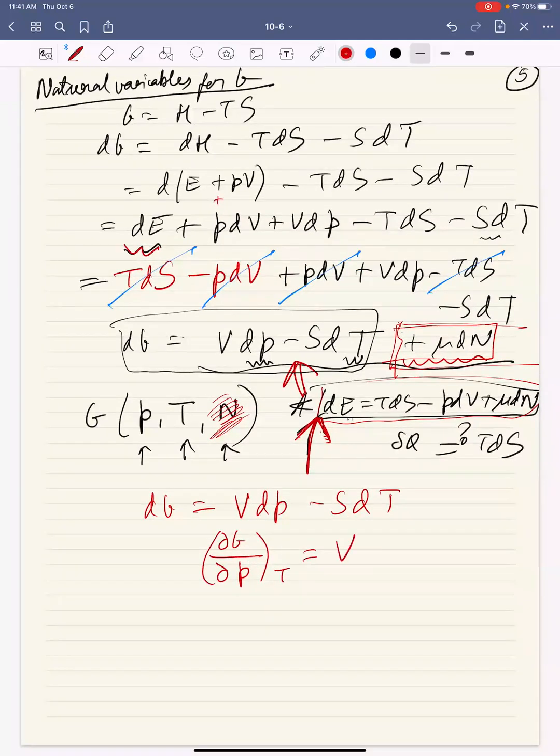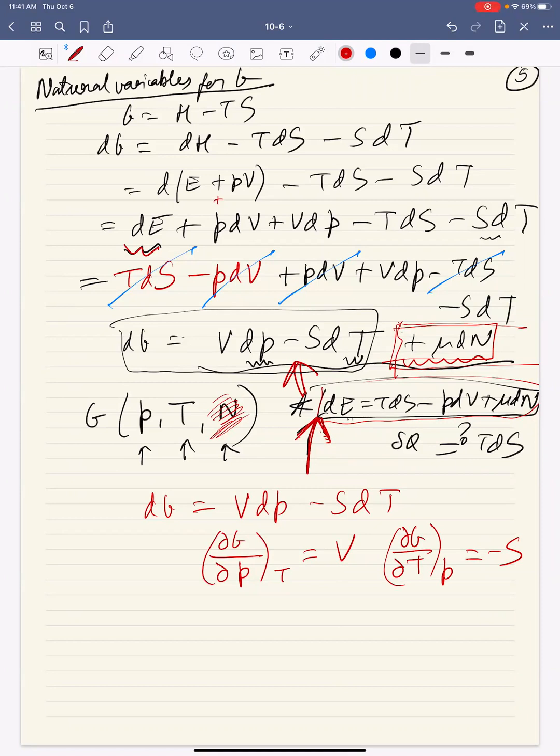It's V, right? Everyone sees that? What does it tell us about partial G by partial T at constant pressure? Minus S. Next class or so, we will use these arguments to explain why it is that as we increase the temperature, solid goes to liquid, goes to gas, and not the other way around. So it's already quite useful.